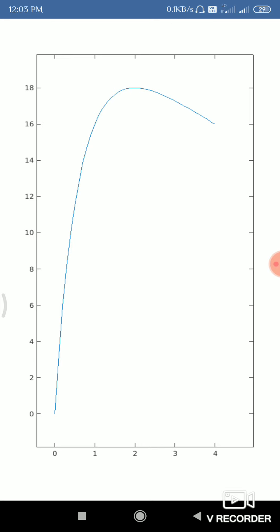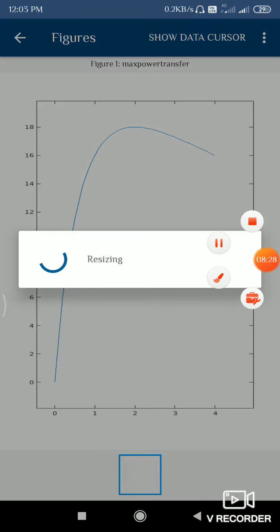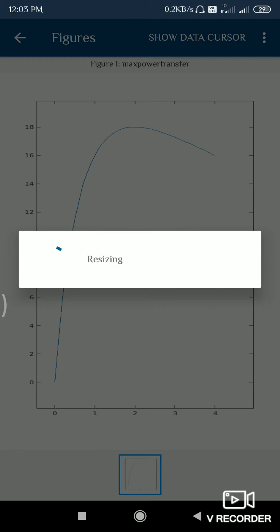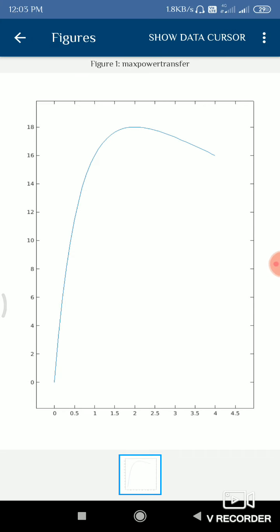So when the load resistance is equal to source resistance, then the total power can be transmitted from source to load. So this is the program of the maximum power transfer theorem in MATLAB. So thank you.